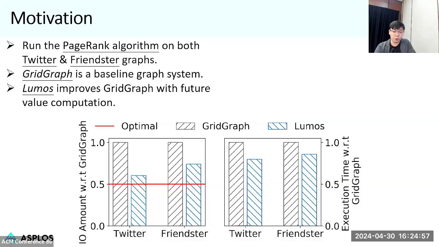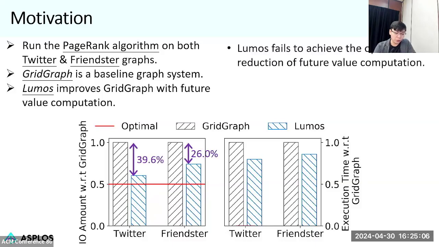And Lumos improves over GridGraph with the feasibility computation. And we can observe that there are two issues in Lumos. The first one is that Lumos fails to reach the optimal I/O improvement. We can observe that the I/O improvement for Twitter is only 39.6%, and for Friendster is 26%.